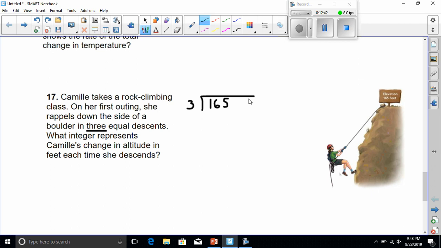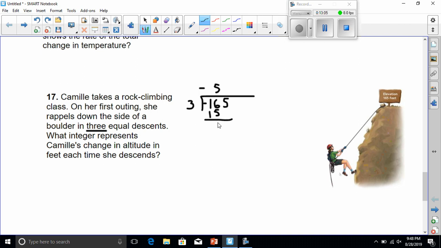And since she's descending, we know that it's a negative 165, so our answer is also going to be negative, right? So this is going to give us 3 goes into 16, well, 3 times 5 will give me 15, right?